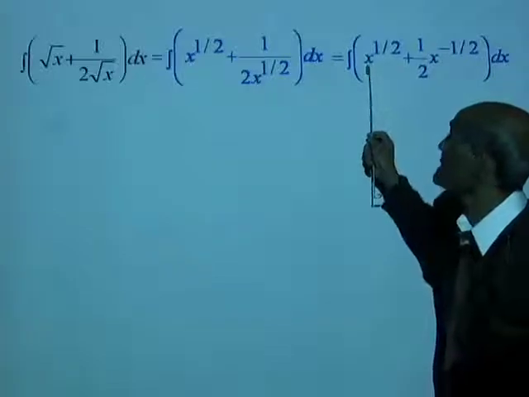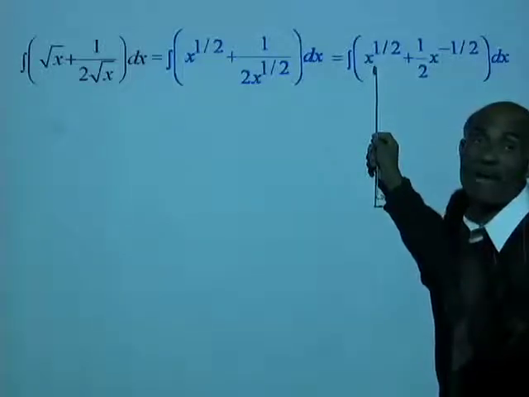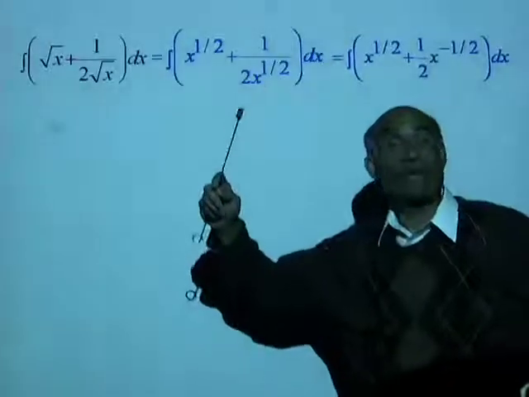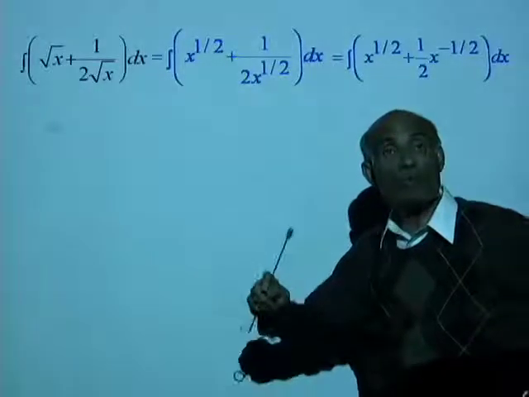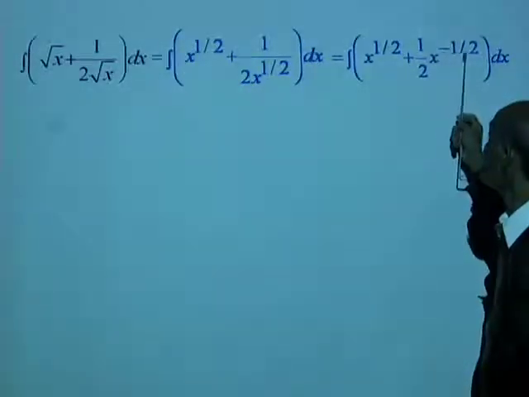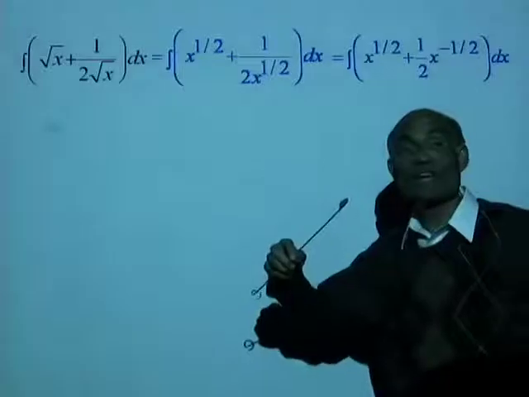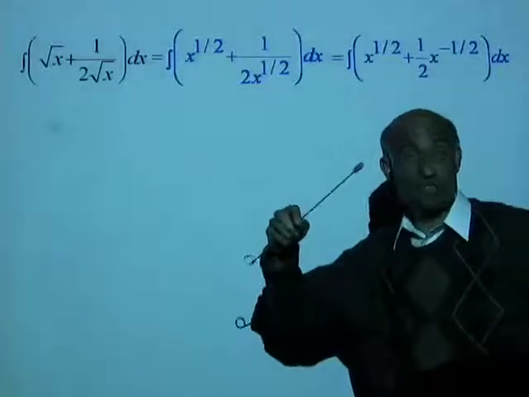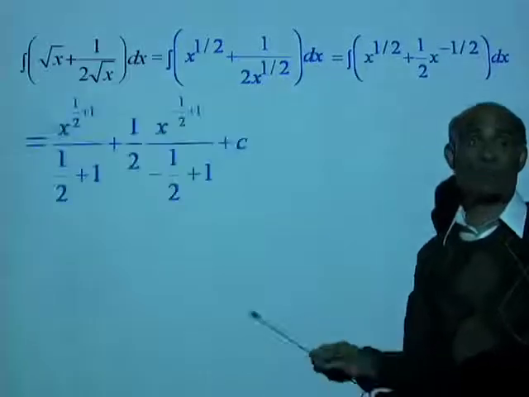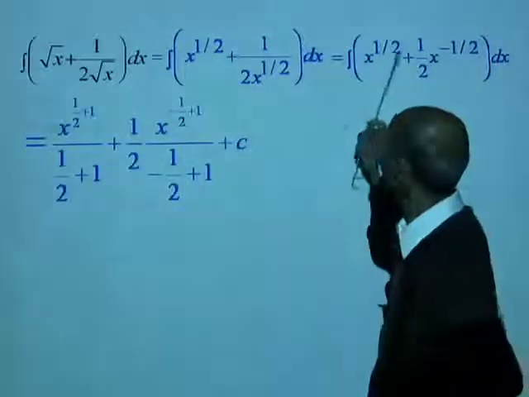Tell me, what will be the integral of x to the power of 1/2? It will be x to the power of 1/2 plus 1 over 1/2 plus 1. And the integral of x to the power of negative 1/2 will be x to the power of negative 1/2 plus 1 over negative 1/2 plus 1. And there you are.